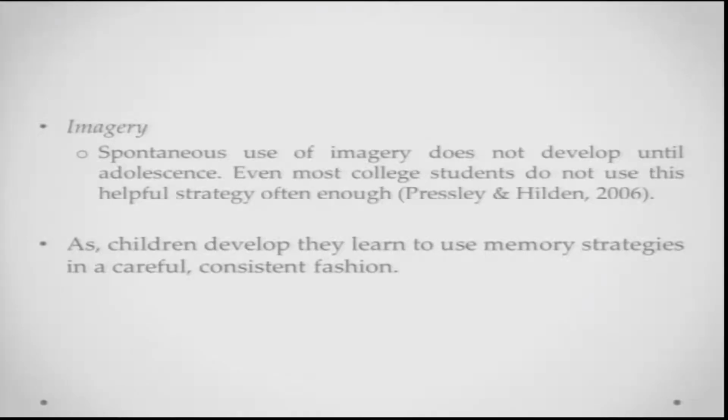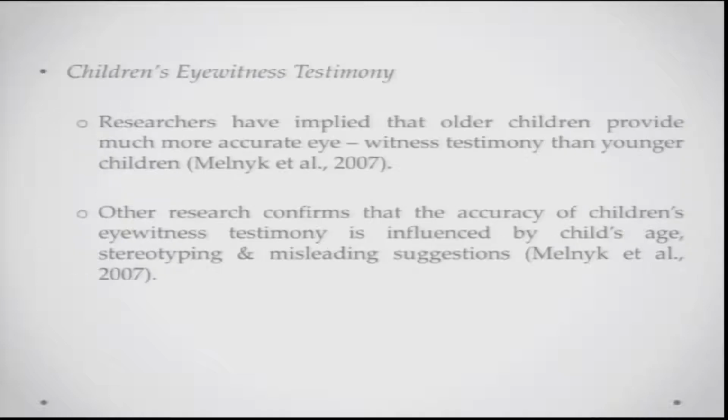Spontaneous use of imagery does not even develop until adolescence, and even most college students do not use imagery as a strategy often enough to remember information. So, all in all, as children develop, they learn to use a variety of memory strategies in a more careful and consistent fashion, and that already reflects in their memory performance.